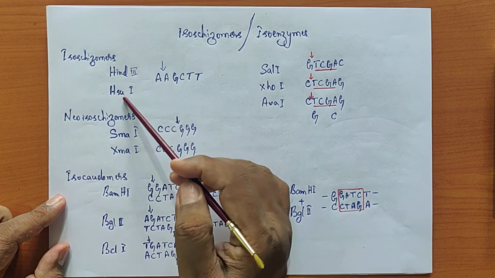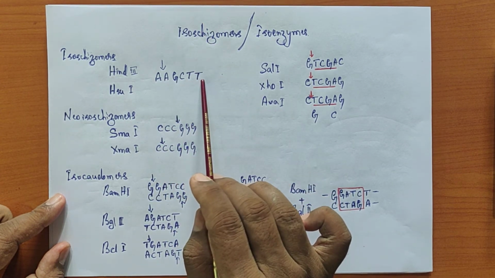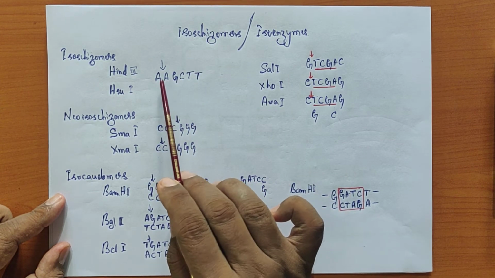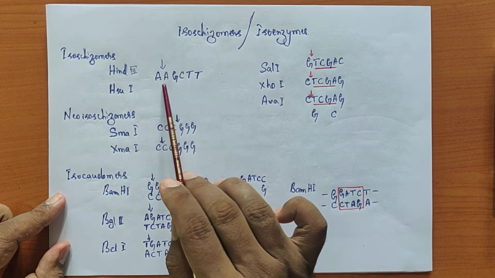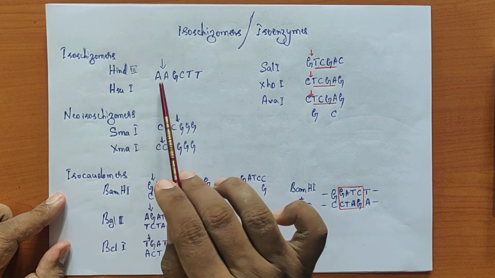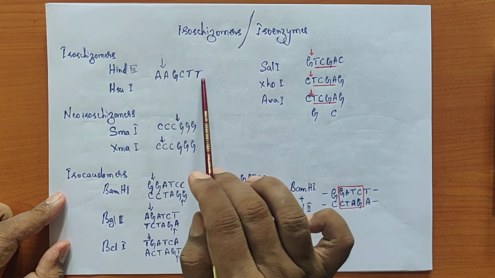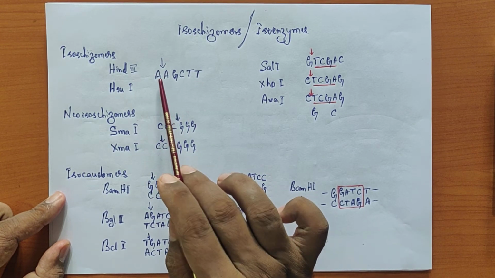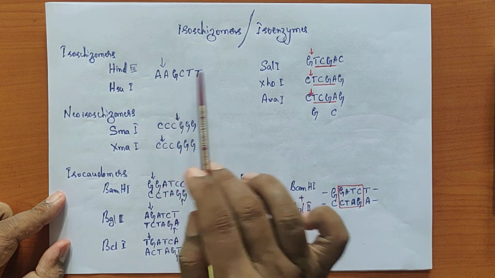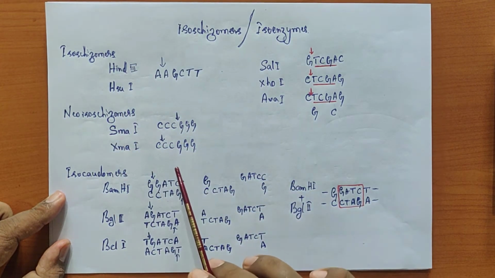Independently, these two enzymes recognize the same restriction sequence and also cut at the same site. So HindIII recognizes AAGCTT, and another enzyme also recognizes the same sequence, and both of them cut the phosphodiester bond between the two A's, resulting in a sticky end. They are called isoschizomers.